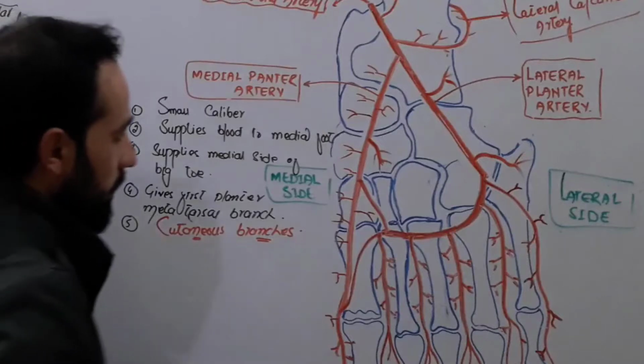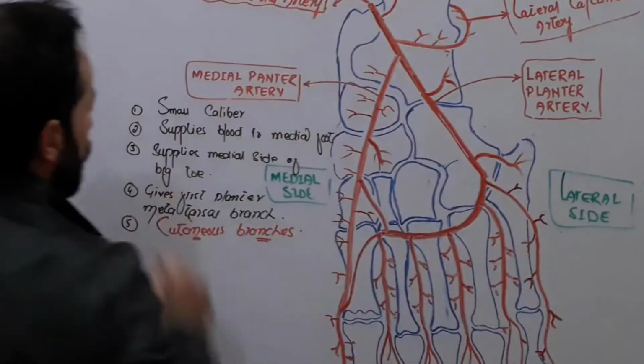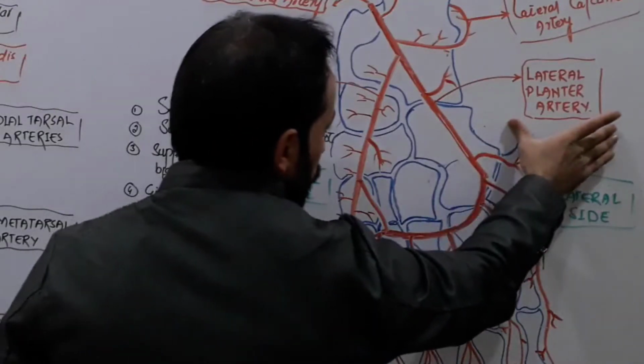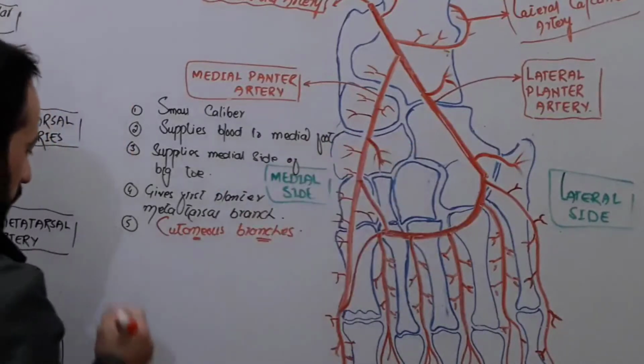Right. This lateral plantar artery has a little bit larger diameter than this medial plantar artery. So I'm going to discuss the detail of this artery here. You should compare that, right?